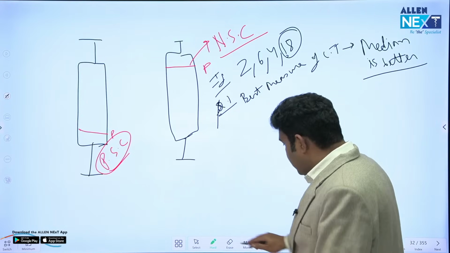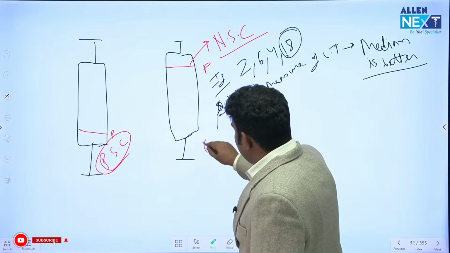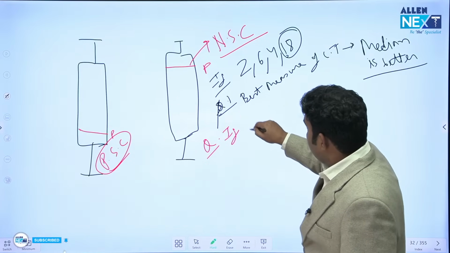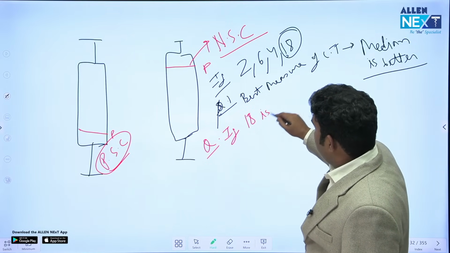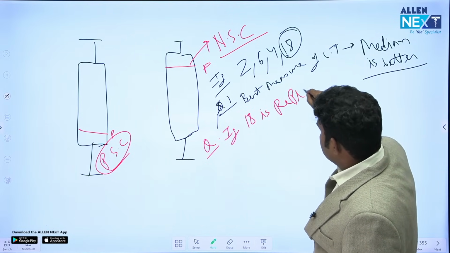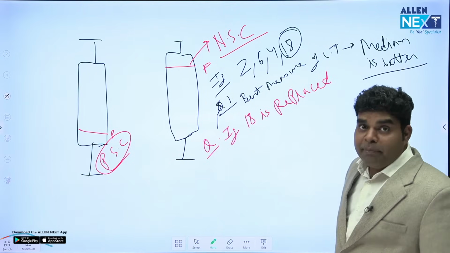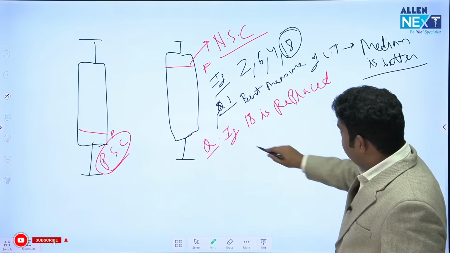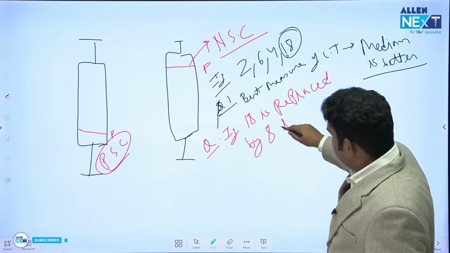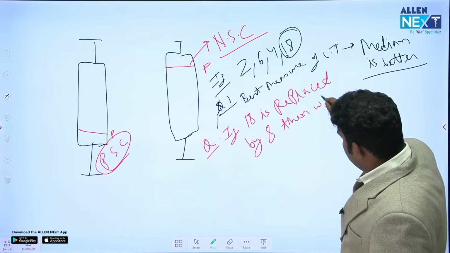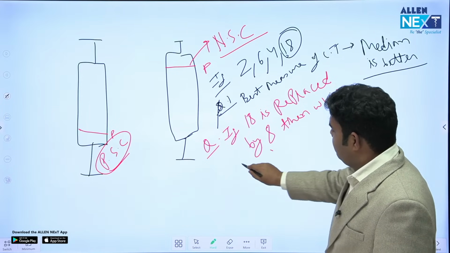Okay, if there is a big number, median is better. Second question which they asked in the last FMG exam from this was that suppose 18 is wrongly written in place of 8, and 18 is replaced by 8, then which one is most affected?